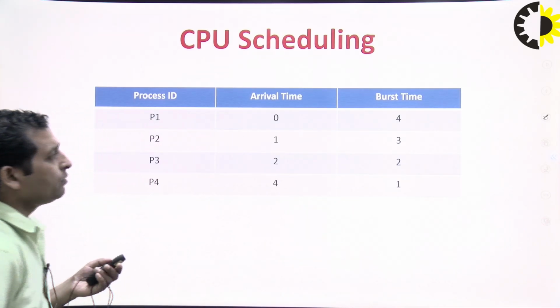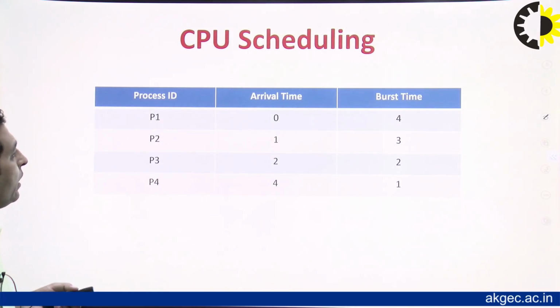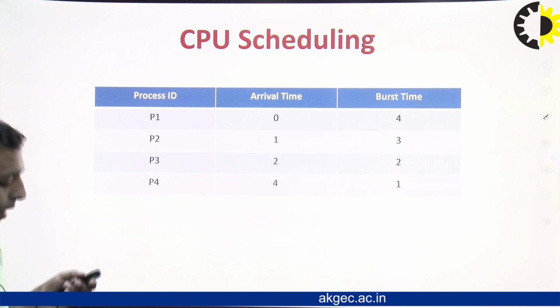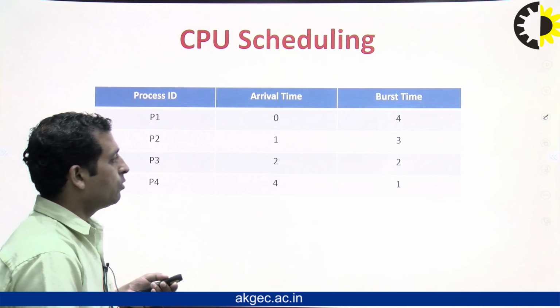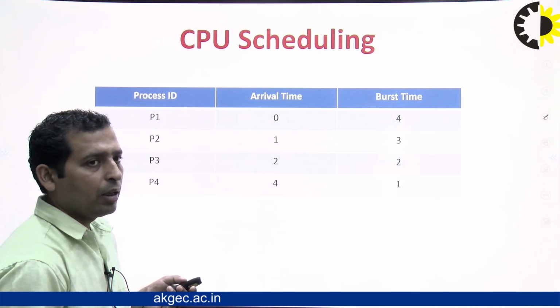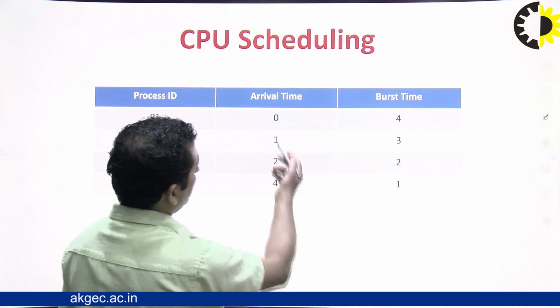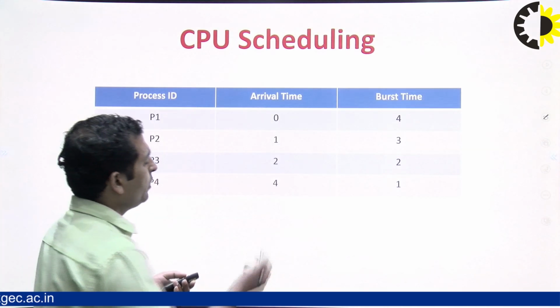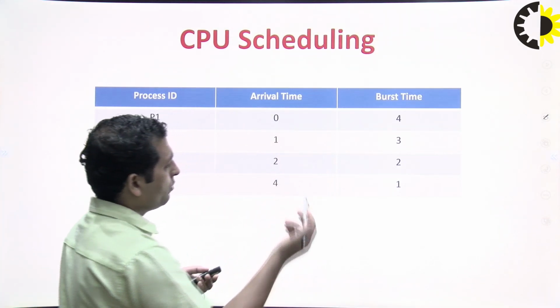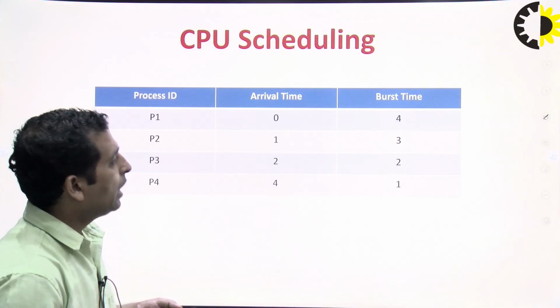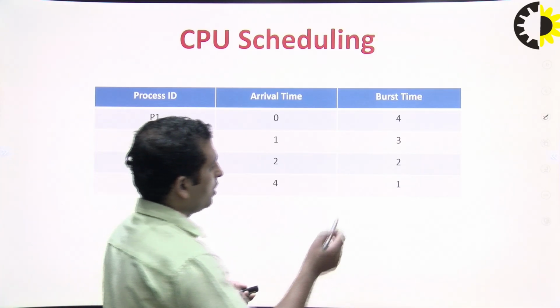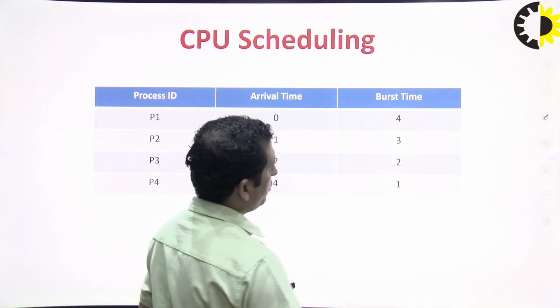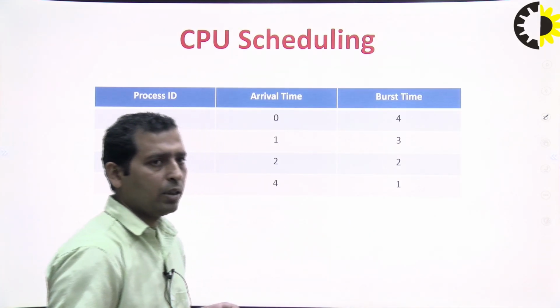Just take here different processes P1, P2, P3, P4, and let the arrival times be 0, 1, 2, 4. This may be any time unit, millisecond, microsecond, or something. We can say 0 time unit, 1 time unit, 2 time units, 4 time units, and the burst time, the CPU duration needed, is 4 time units, 3 time units, 2 time units, and 1 time unit.